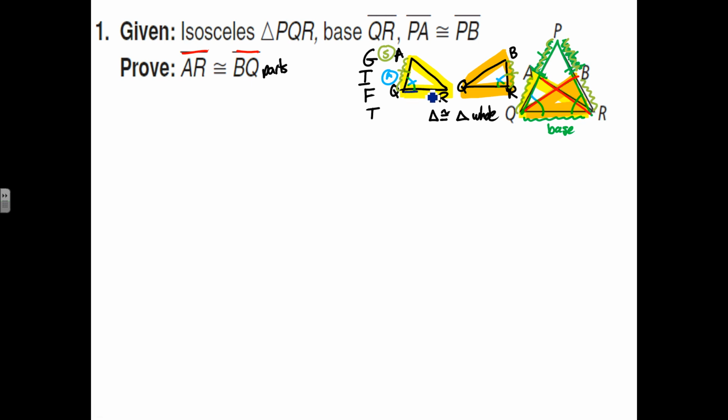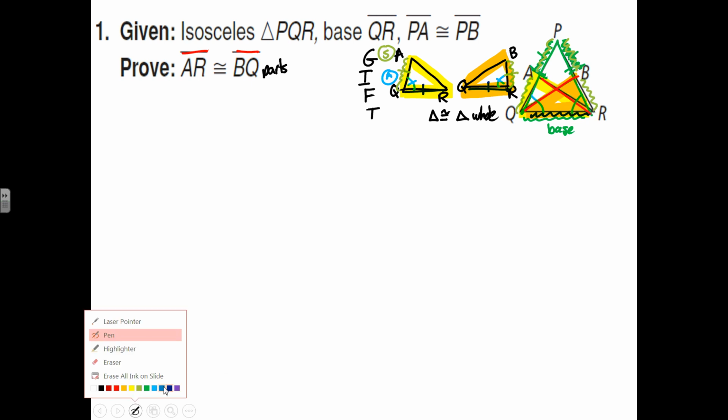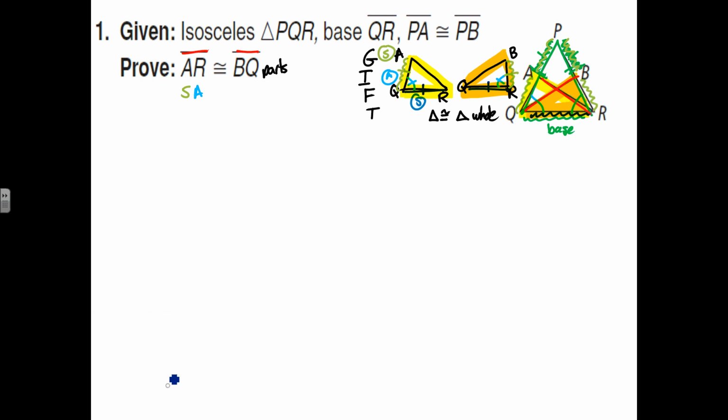Then implied, look, we have QR and QR. Do you see how QR is actually shared in the original? That gets you another pair of sides. So I can see right now that these triangles will be congruent by side, angle, side.